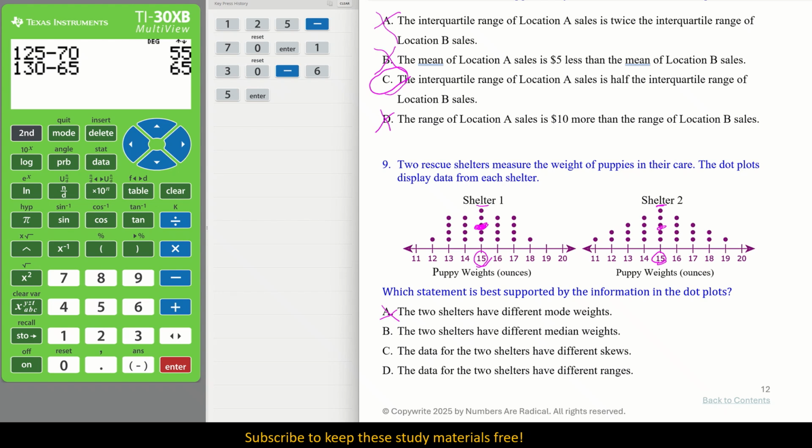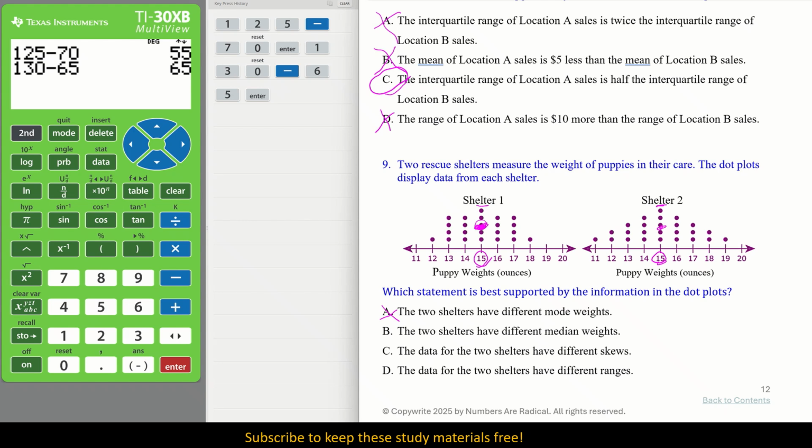Let's see, 1, 2, 3, 4, 5, 6, 7, 8, 9, 10, 11, 12, somewhere around 12. Let's count the other direction. 1, 2, 3, 4, 5, 6, 7, 8, 9, 10, 11, 12. Yep, I've got it circled. I kind of guessed there.